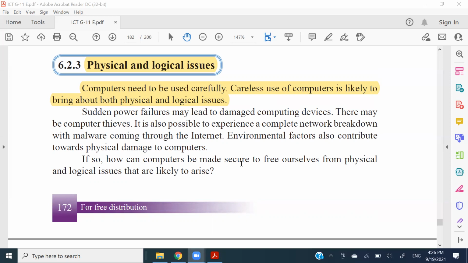As well as to prevent the logical issues, logical security is given.